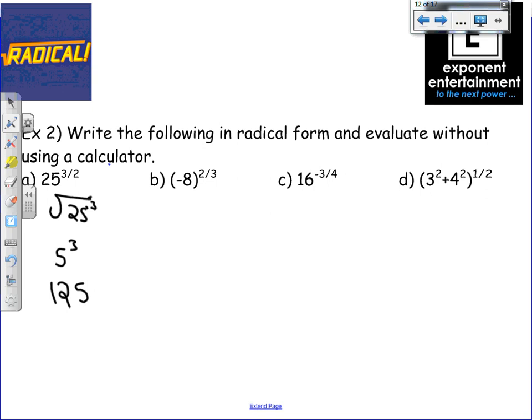Let's jump to this one. This one mentally evaluates to be, 3 is our index, negative 8 squared. This one we're going to do the other order. Negative 8 squared is 64. What would the cube root of 64 be?